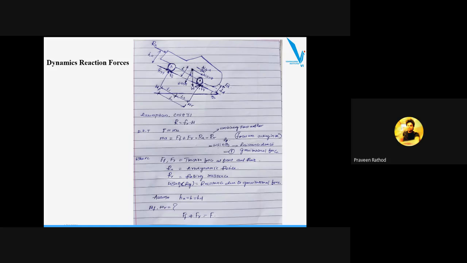RA is the aerodynamic force, and the other two forces are rolling resistance. RRF is the rolling resistance for the front tire, and RRR is the rolling resistance for the rear tire, acting in the opposite direction. Traction force is acting in this direction and the rolling resistance in this direction. Rolling resistance depends on the contact patch of the tire.